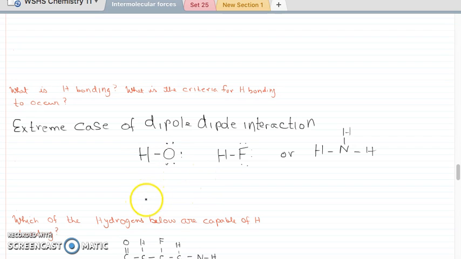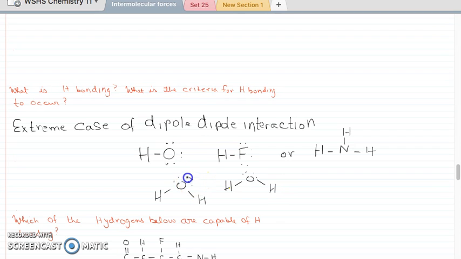An example that I could show you of hydrogen bonding would be H-O-H, that is water, developing a hydrogen bond with another water molecule. And carefully observe what happens here.